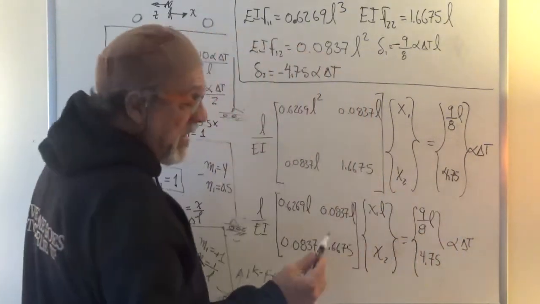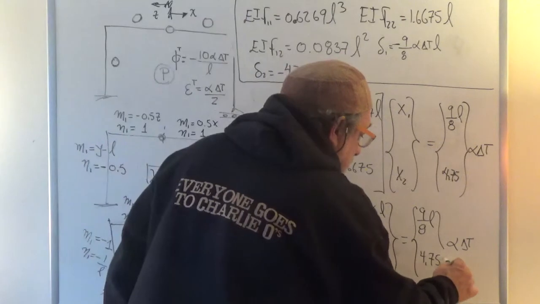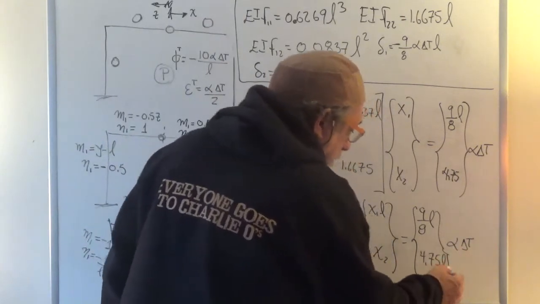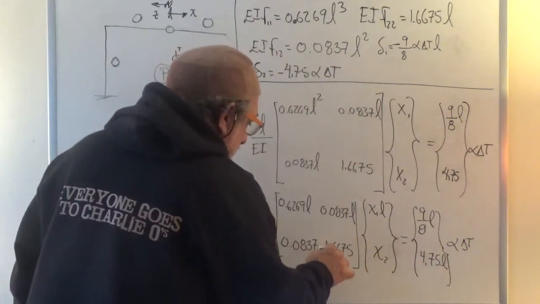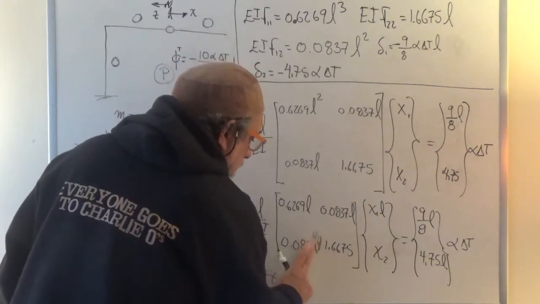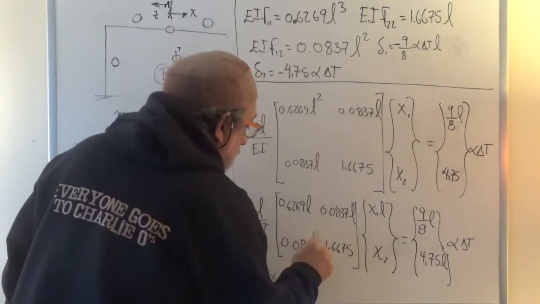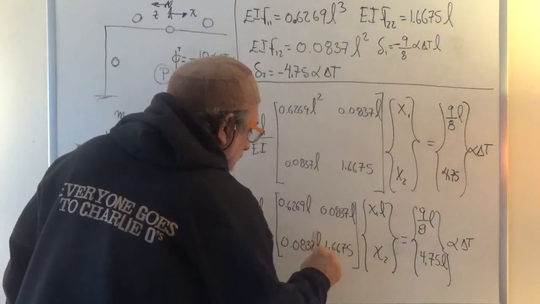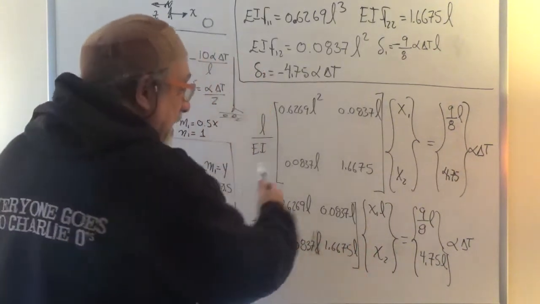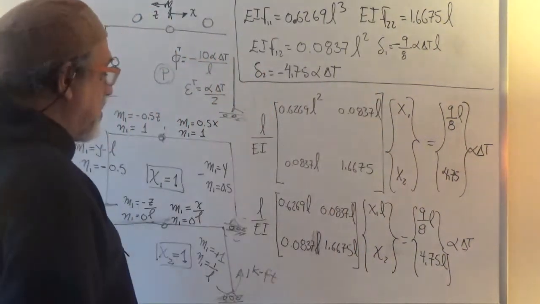You could multiply times anything, but times the length. So if I multiply that times the length, I have to multiply this times the length, and this times the length, right? Now that set of equations is exactly the same as what we started with.